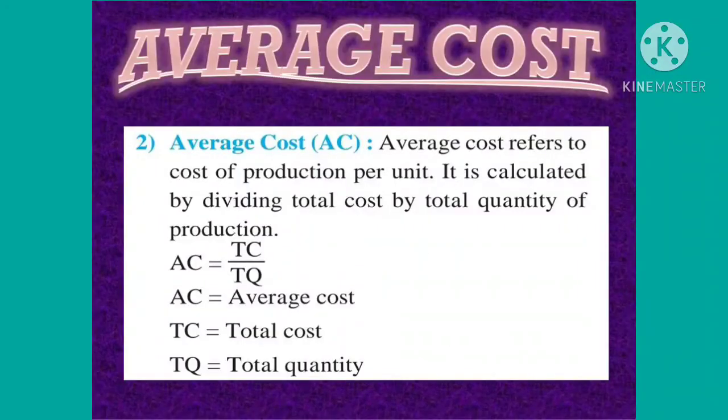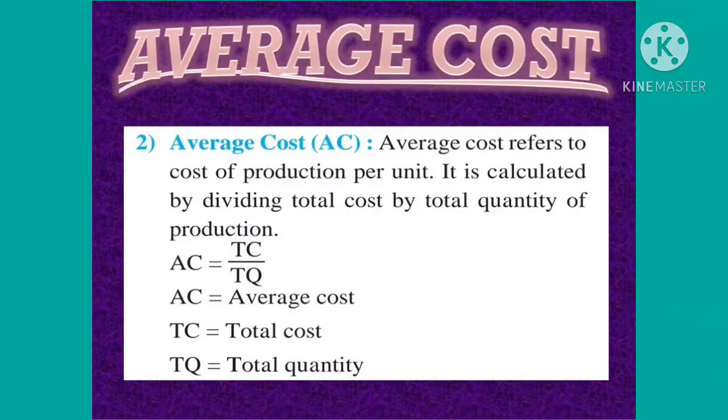Second type of cost is known as average cost. Average cost refers to cost of production per unit. It is calculated by dividing total cost by total quantity of production.